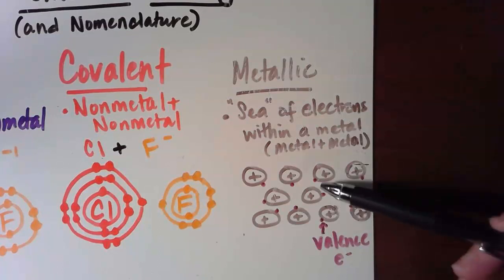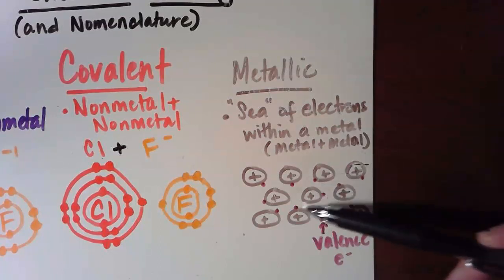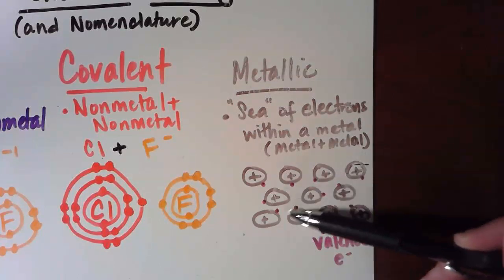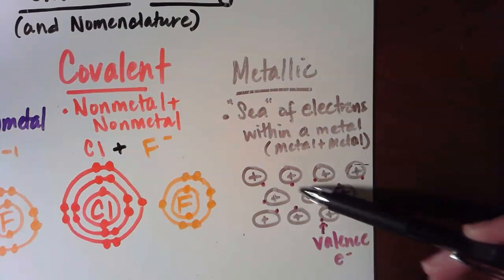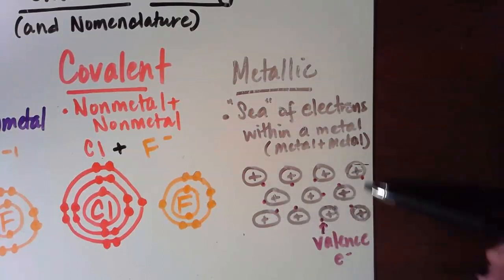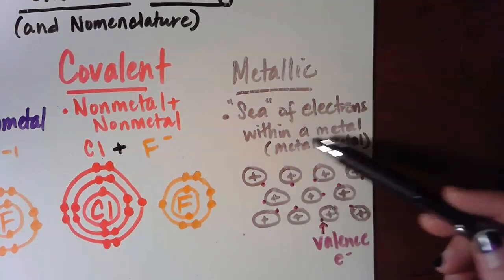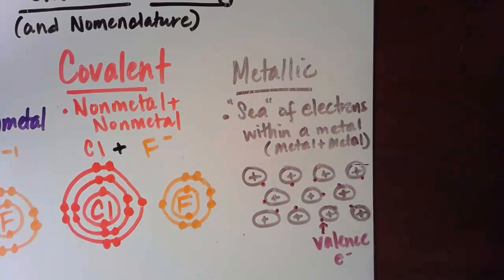Because all of the atoms have all those little valence electrons, as you learned, the electrons in their outermost shell, and those little electrons actually freely move about, which is one of the reasons why metal is so conductive. It has all these little electrons that are easy to flow. So, the sea of electrons within one specific metal.